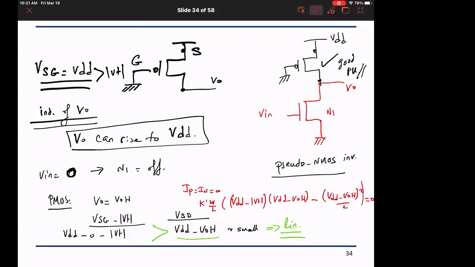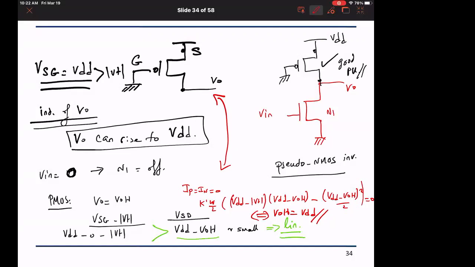What is the value that will give me this quantity 0? If I set VOH to VDD, then it becomes 0 times VOV, and 0, and I get VOH equal to VDD. Is this clear? This explains it. So I get VOH equal to VDD, and I can use a PMOS that is grounded.